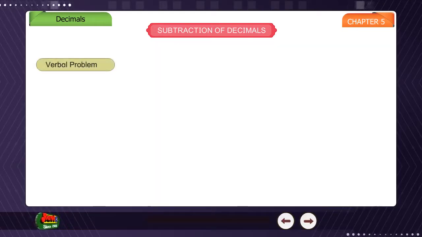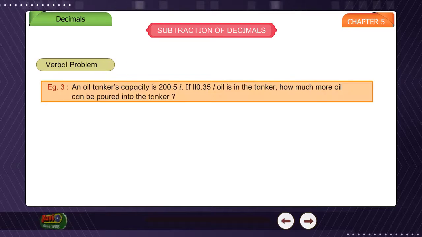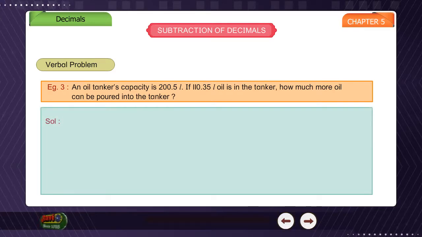Verbal problem. Example 3. An oil tanker's capacity is 200.5 liters. If 110.35 liters oil is in the tanker, how much more oil can be poured into the tanker? Solution.